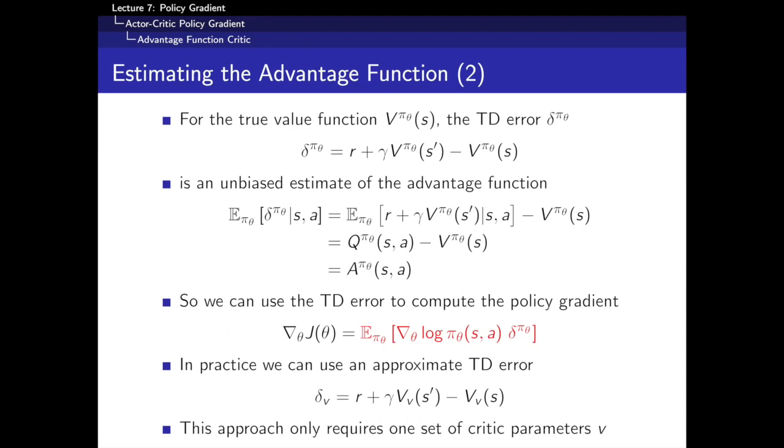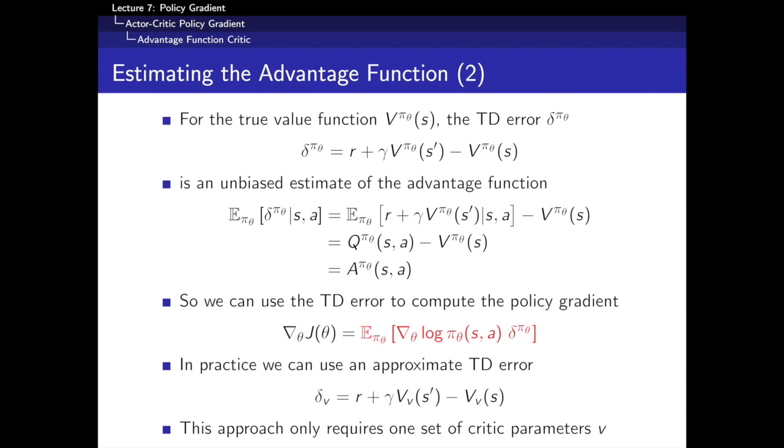S is what we're conditioning on. This term here, the expected reward plus state value at the next state, given S comma A, is precisely the definition of Q. This is just like unrolling our Bellman equation one half step. So Q is equal to the expected reward plus state value at the next step.